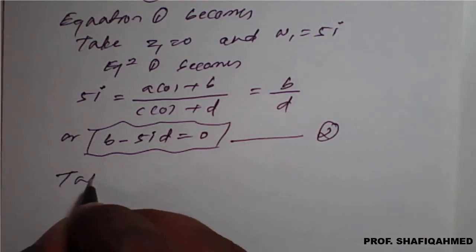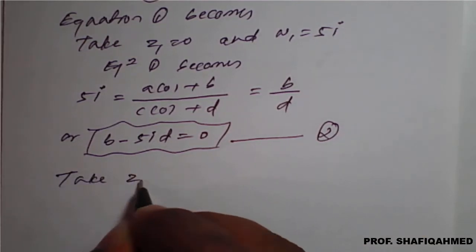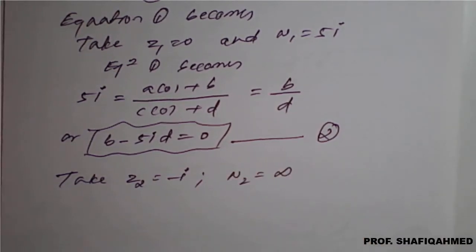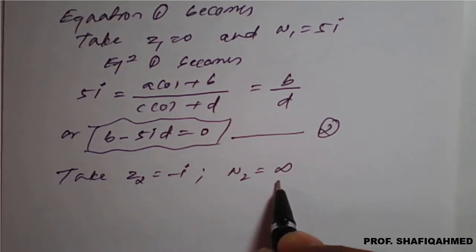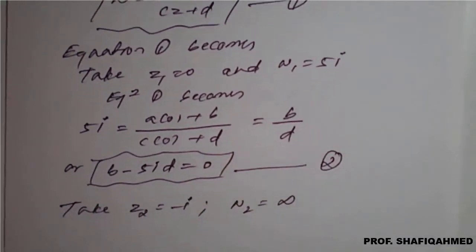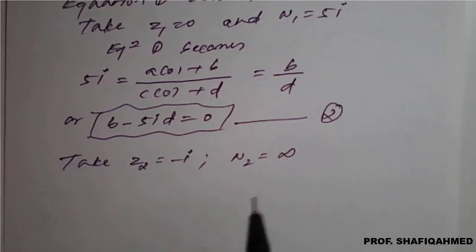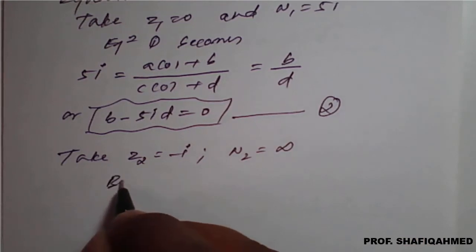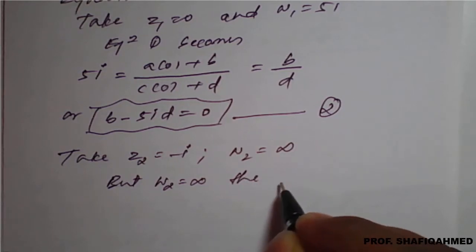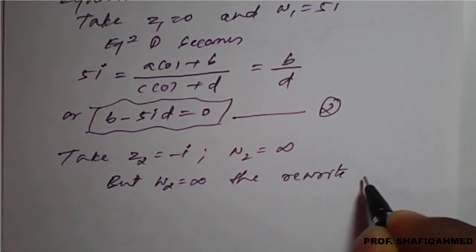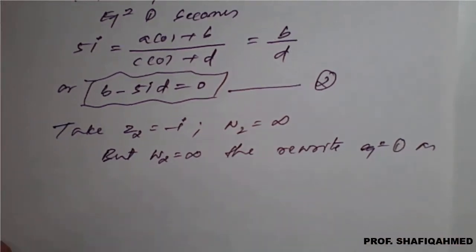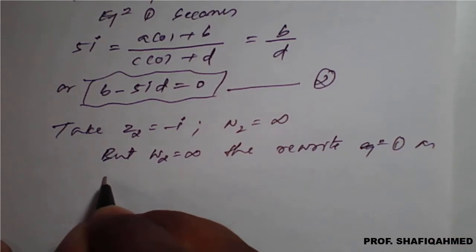Now again take z2 = -i and w2 = infinity. We again get infinity on the left-hand side, an indefinite result, which is invalid. So to rearrange, since w2 is infinity, rewrite equation 1 in reciprocal form: 1/w.